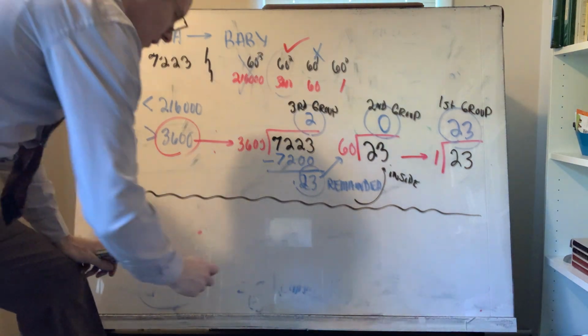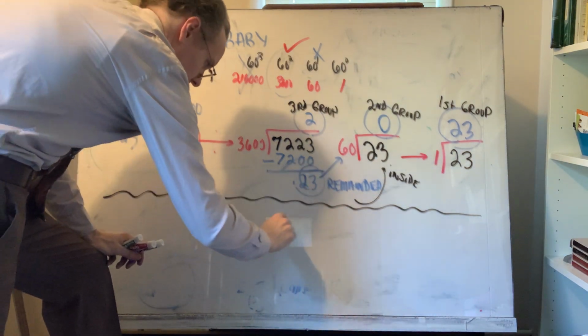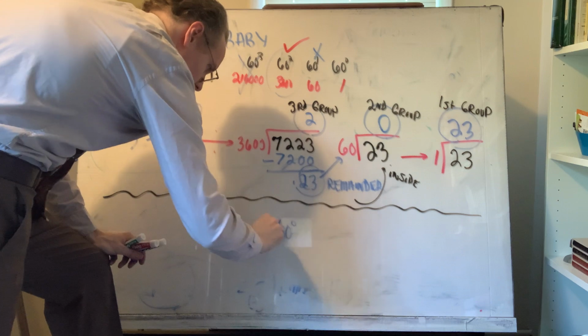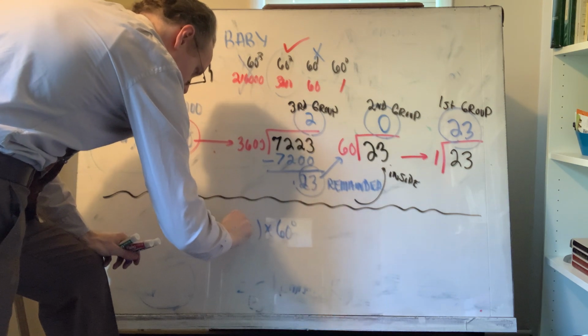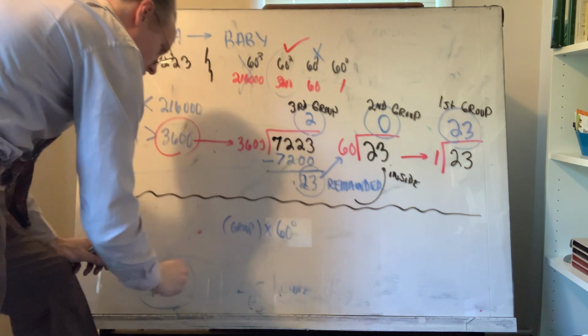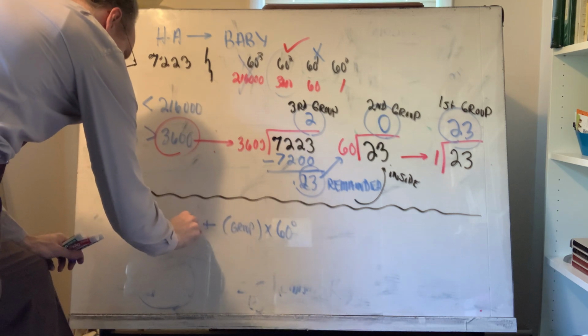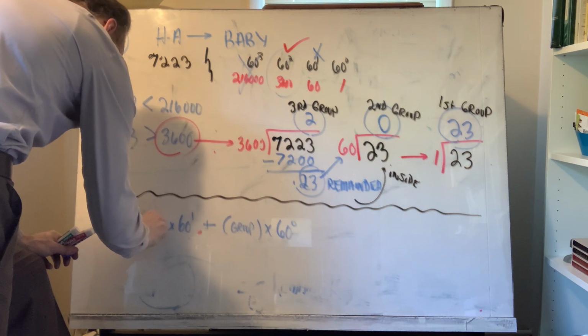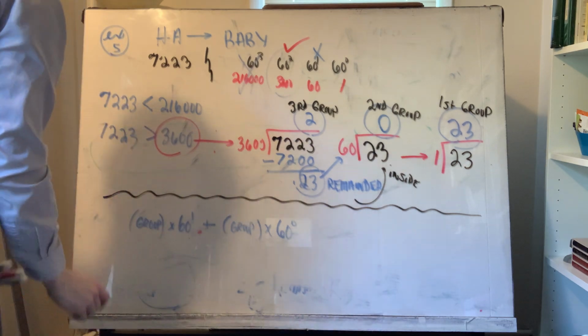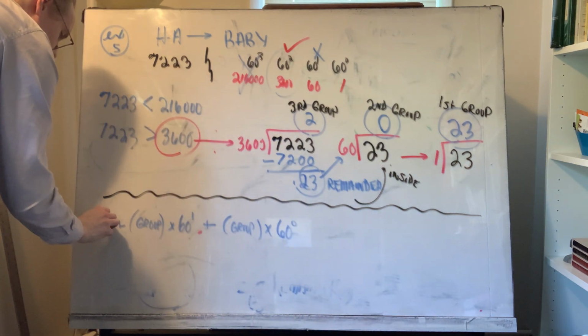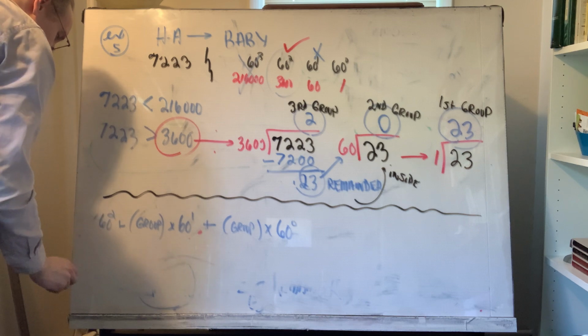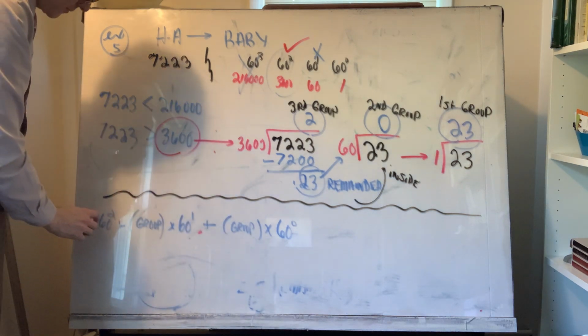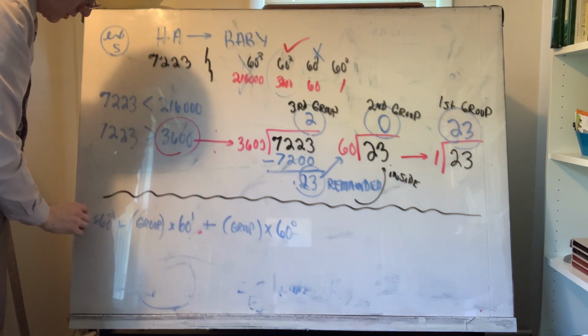Well, if we have 3 groups, it would be 60 to the 0 times that group, plus 60 to the first times that group, plus 60 to the second rather, times the next group. And I've kind of tucked myself into a corner here, so I'm going to squeak this in.